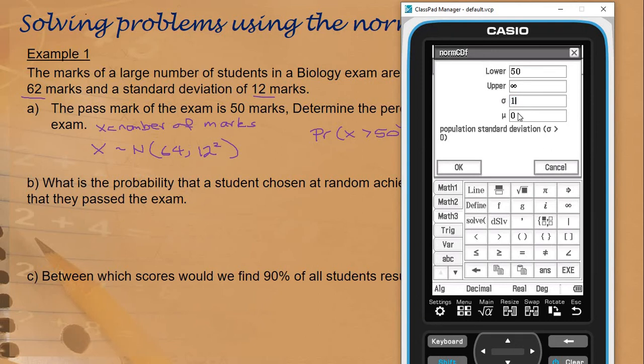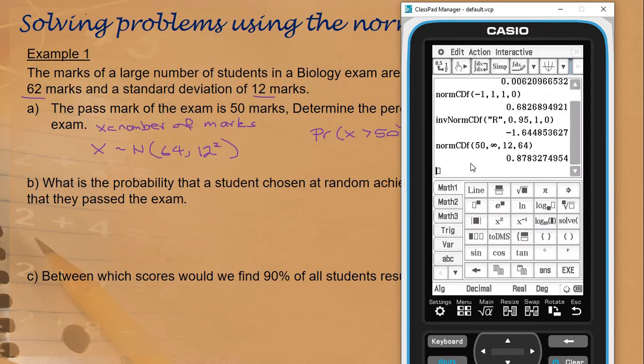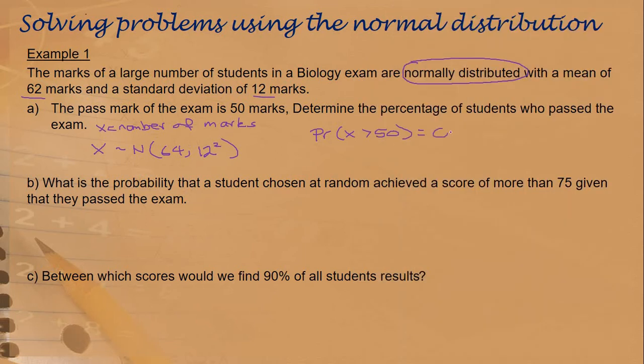The standard deviation is 12, the mean is 64, and we get a probability of 0.8783, which is the probability that our number of marks is greater than 50.